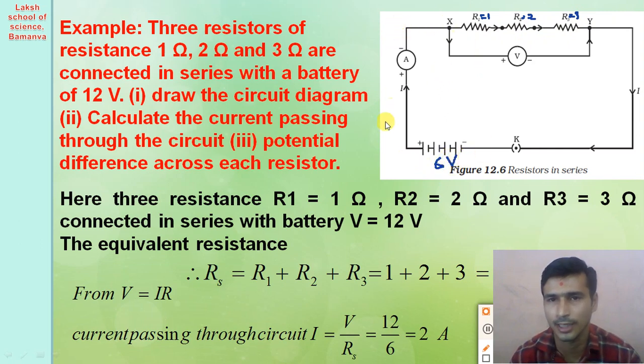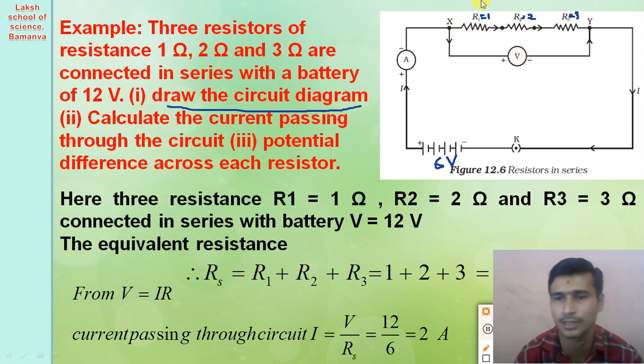These 3 resistors are connected in series with the ammeter to find the electric current passing through the resistors, and a voltmeter is connected across each resistor to find the potential difference across each resistor. So we first draw a circuit diagram containing 3 resistors of 1 ohm, 2 ohm and 3 ohm connected in series with the battery of 6 volt supply.